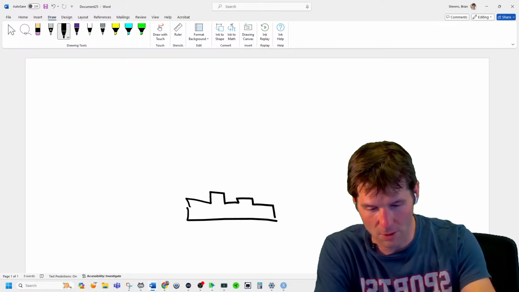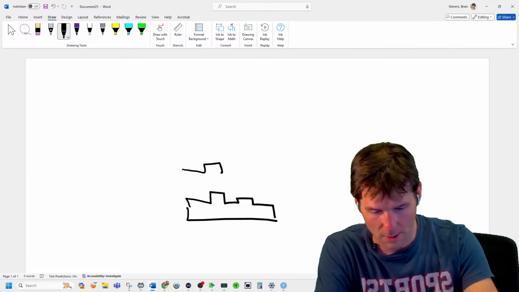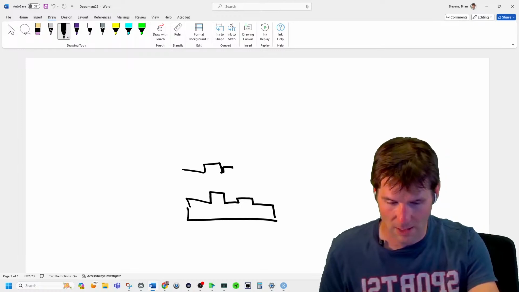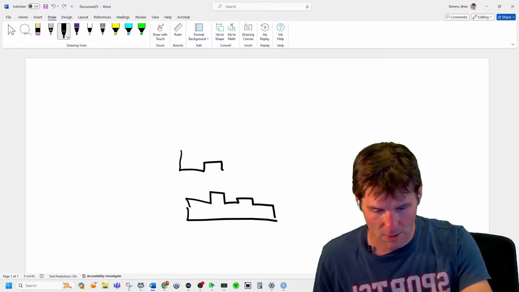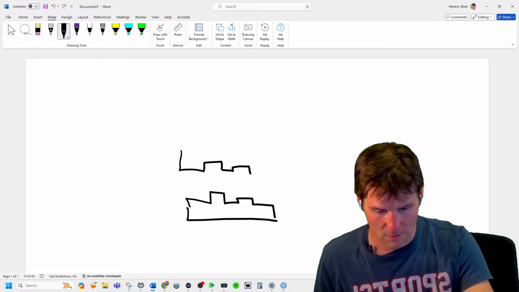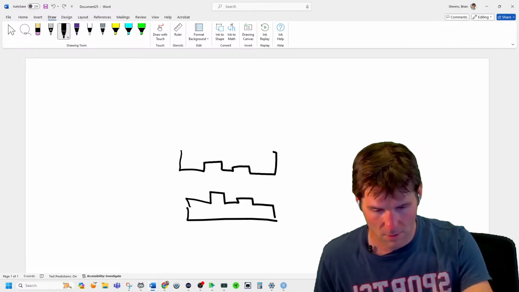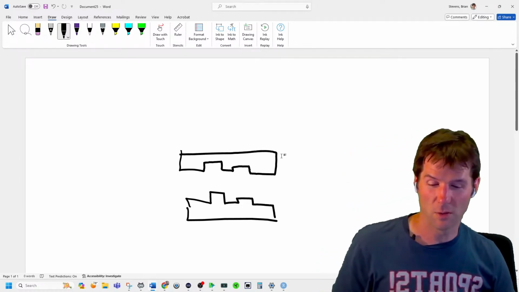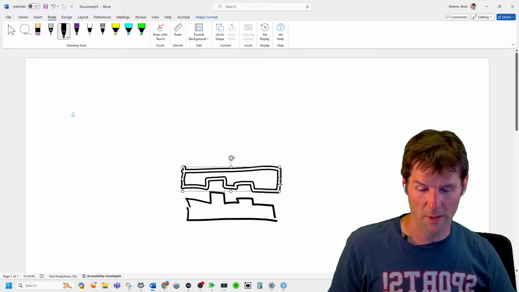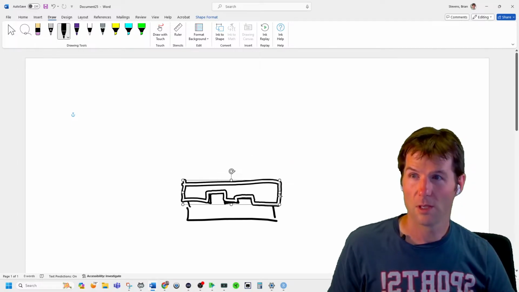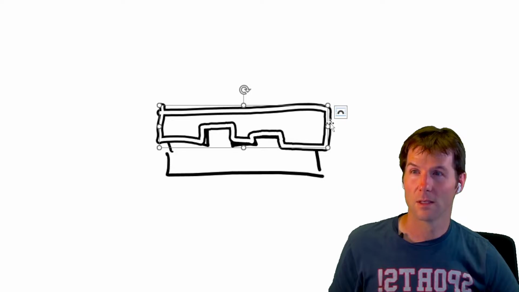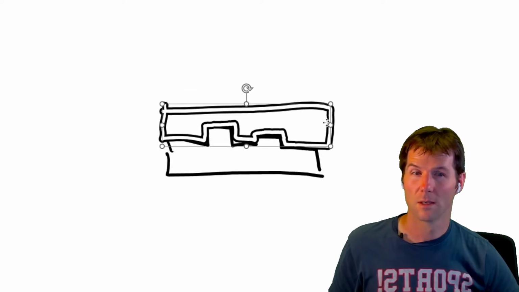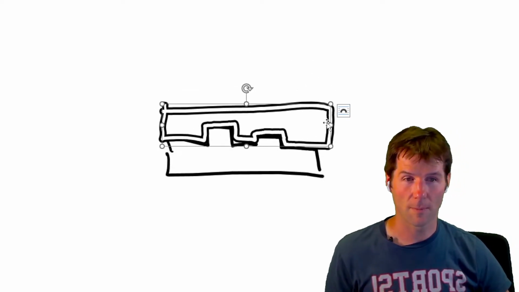And then you get a part that looks like this. I cannot draw the reverse image of this. Is this part right here a good fit? Yes or no? It's a good fit, as best as I can draw.